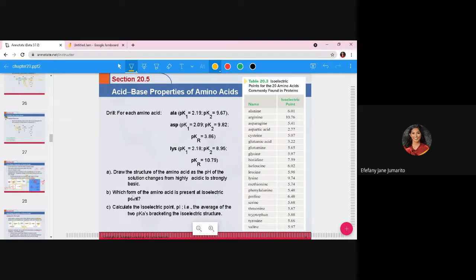Letter B. The answer is 5.93. Which form? When you say form, structure. The neutral one, the one in the middle.